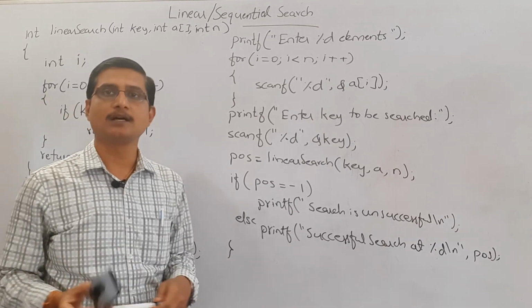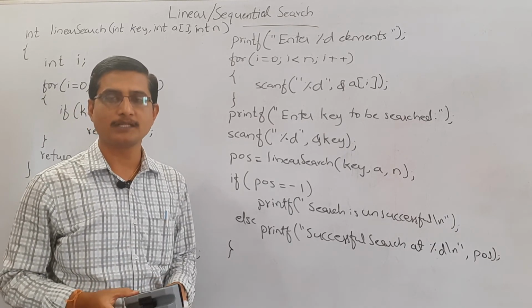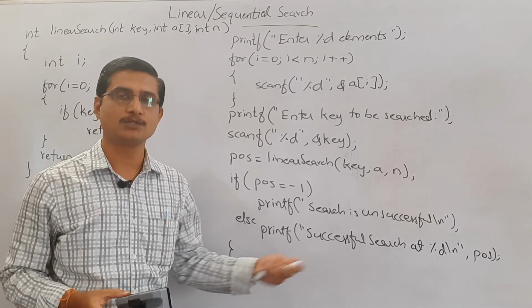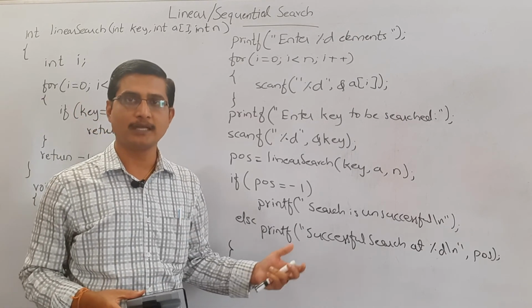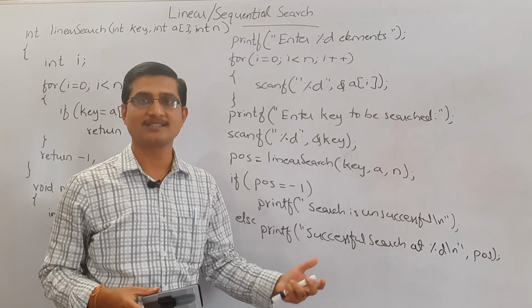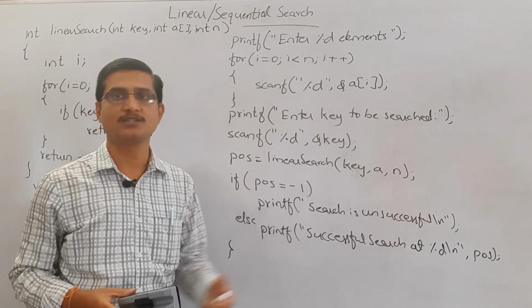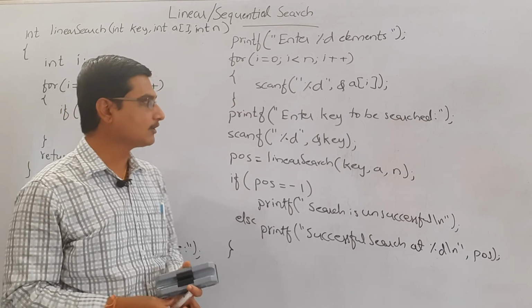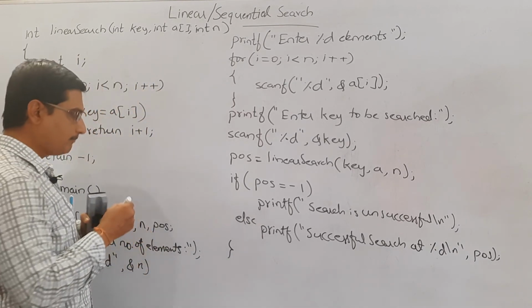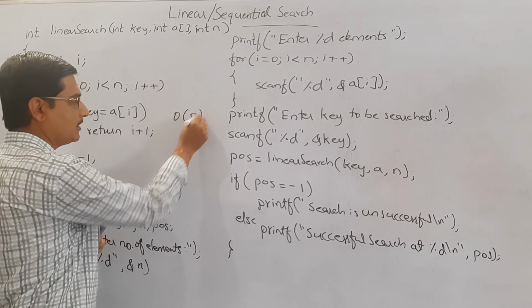Linear search is of theoretical importance. We may not use it once we learn advanced algorithms, but it is a place from where we can start on how to search an element in the array. It is not so useful because the complexity of this algorithm is big O of n in the worst case.